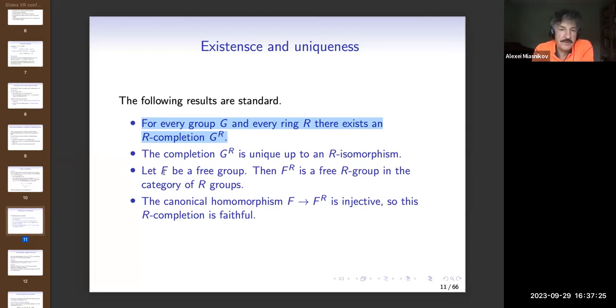Moreover, if you start with a free group in the category of all groups, then F to the R, its tensor R completion, is a free R-group in the category of R-groups. In this case, the canonical homomorphism lambda that I showed in the definition is injective, so this completion is faithful in this sense as well.